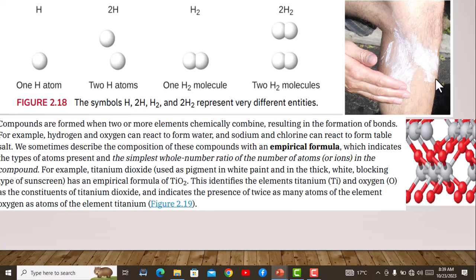So when you apply titanium dioxide, because di means two, you have titanium dioxide being applied on the foot of an individual here. Unfortunately, I didn't have time for looking for a different picture, so this is the picture that we have.